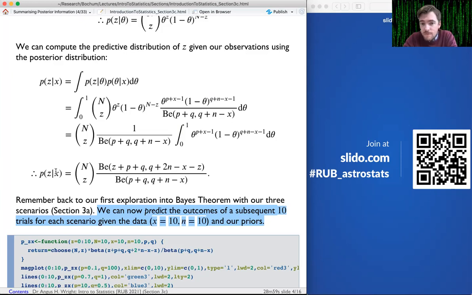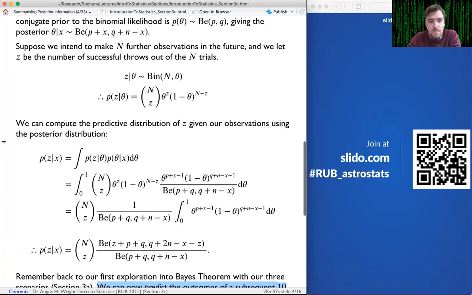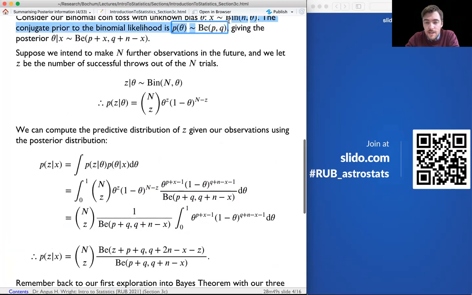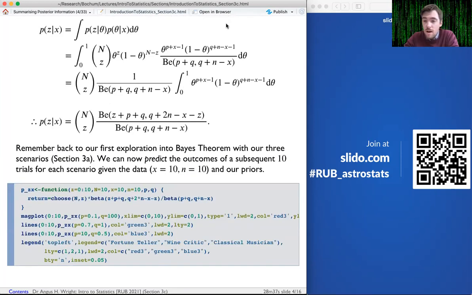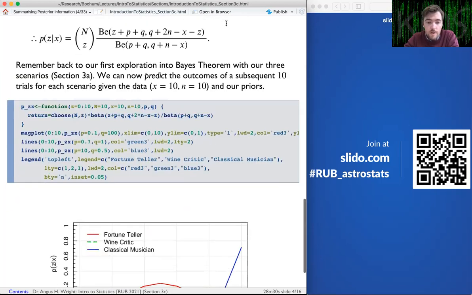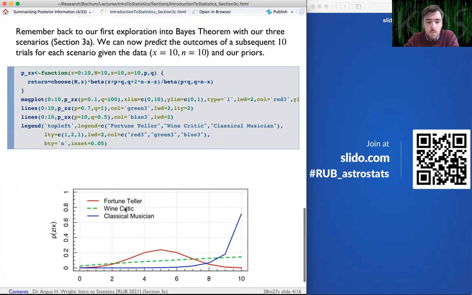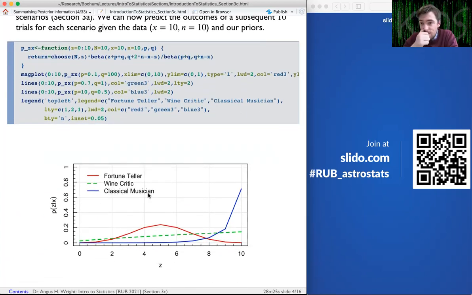Now, one of the things you might have noticed is that I've picked the biased coin toss, which is a binomial distribution. I've picked the priors to be beta distributions because they're the conjugate. And this will be ringing bells to some of you to say, this is exactly the same setup that I had during our first excursion into Bayesian statistics, which was looking at the outcomes of our 3 scenarios at the pub. We had our 3 friends, one of which was a fortune teller, one of which was a wine critic, and one of which was a classical musician.